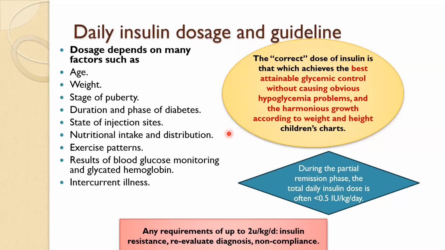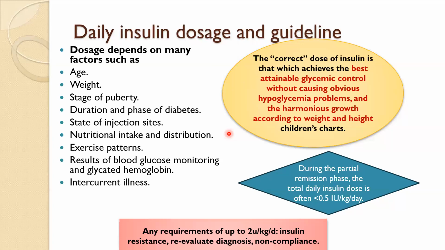Again, they will require basal insulin, but for the bolus or pre-meal insulin, you have to tailor make, let it actually be given before the meal that the child will take on that day. Then exercise patterns, you may need to reduce insulin depending on when you are going to exercise. And then results of blood glucose monitoring and glycated hemoglobin will dictate adjustments of the insulin, and intercurrent illness, as we saw, will require adjustments.